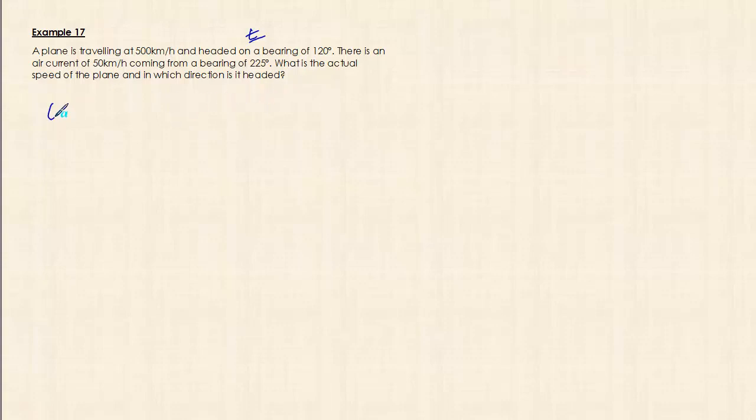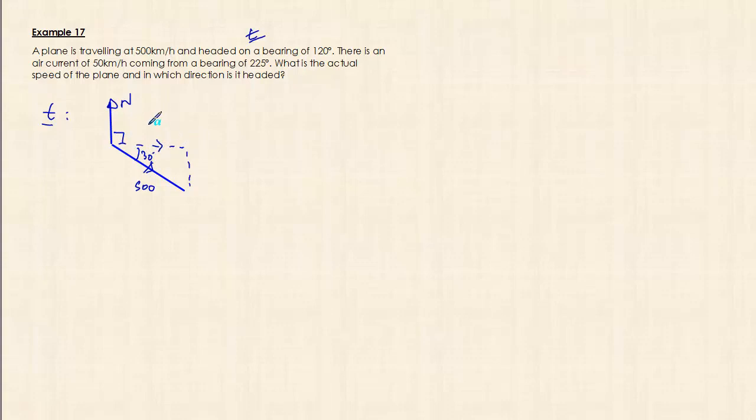So let's start by looking at true. If this direction is north, we know it's going on a bearing of 120 degrees, so that's down here, and this is 500. So that's 90 degrees, that would be 30 degrees.